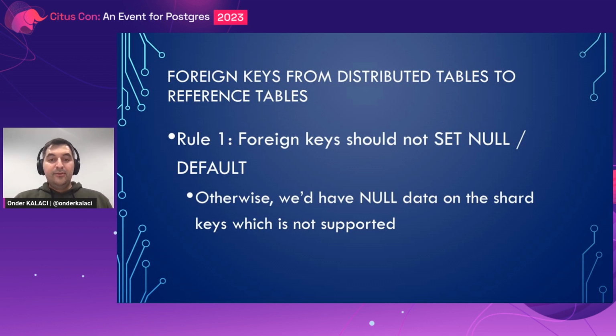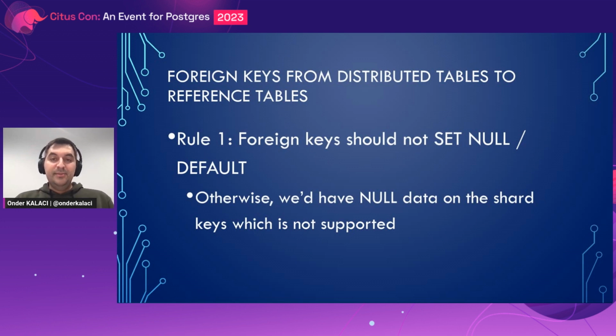If you have a foreign key from a distributed table to a reference table, you really don't need to include the distribution key of the distributed table. Any column in the distributed table can be in a foreign key relationship with reference tables. But then any column also includes distribution keys. So that's why we have a generic check that for creating foreign keys from distributed to reference tables, we do not allow set null.